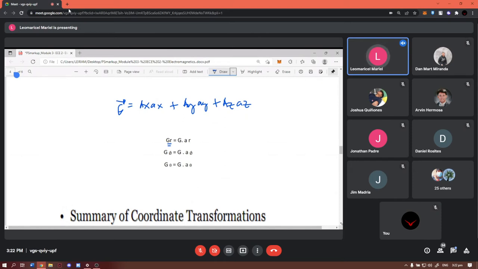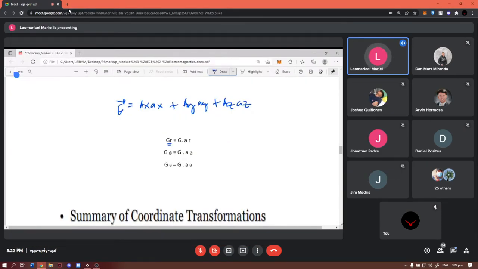So kung kukunin natin yung vector in spherical rather, pwede natin express din yung ating component na GR, AR, G phi, A phi, G theta, A theta.